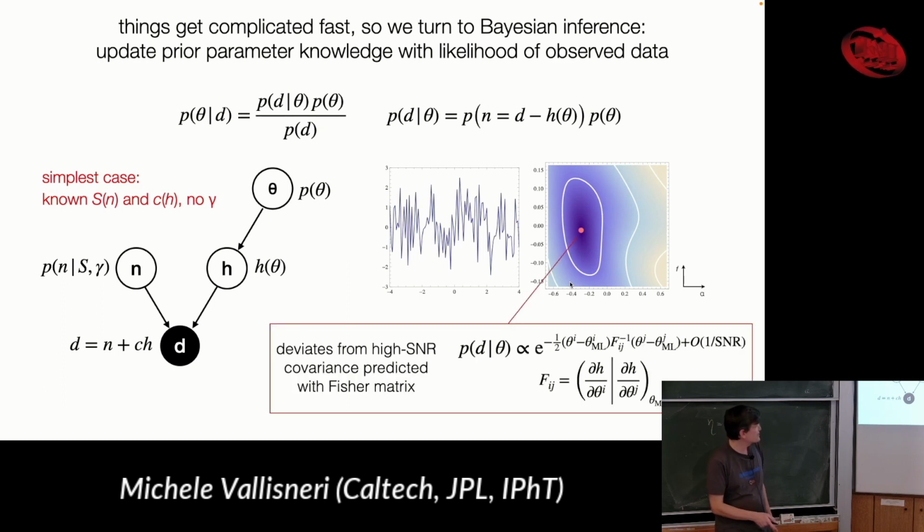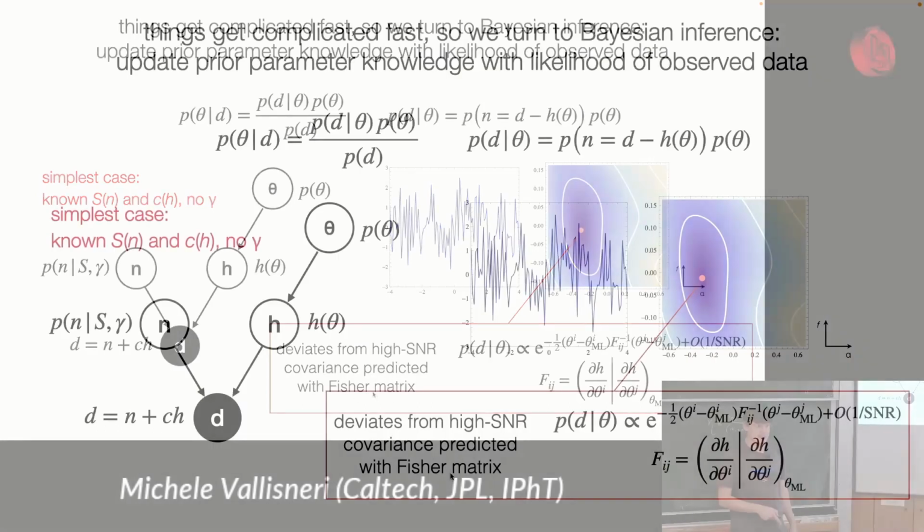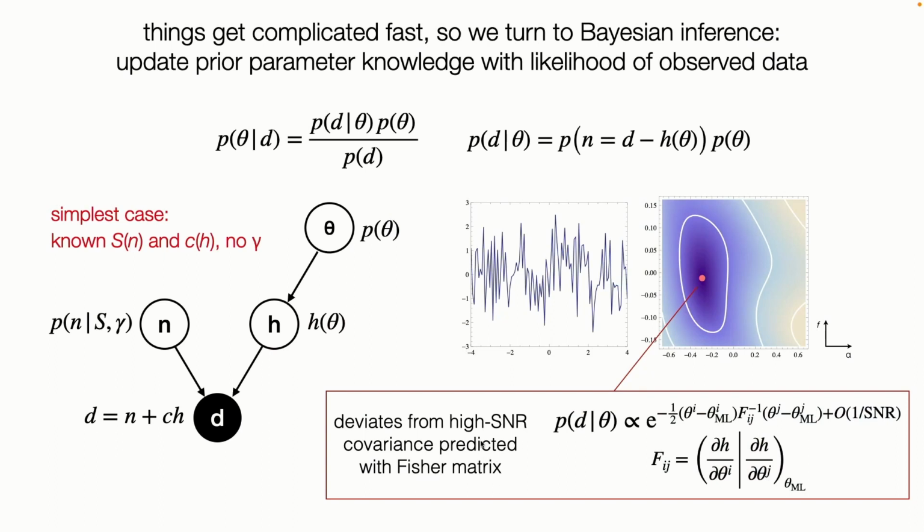Okay, sorry, like this. The Fisher matrix is something that comes up often in parameter estimation, especially in cosmology. What is the Fisher matrix? The Fisher matrix is just really a Gaussian or normal approximation to these shapes. And it is a function of the first partial derivatives of the signal with respect to the parameters.